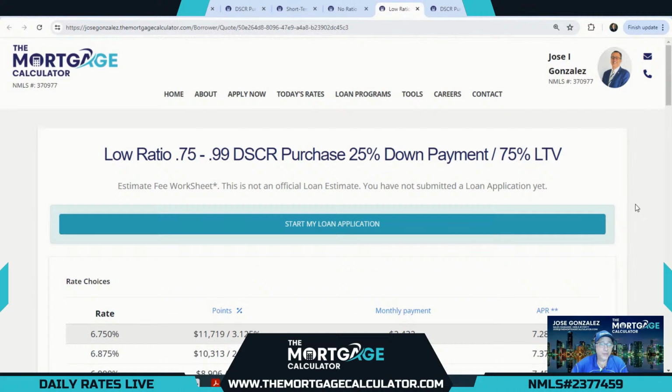And now for some of the extra tweaks here. Our low ratio, 0.75 to 0.99 DSCR, is for those properties where the monthly gross rental income does not fully cover the total housing expense, but we can still finance it with only 25% down.